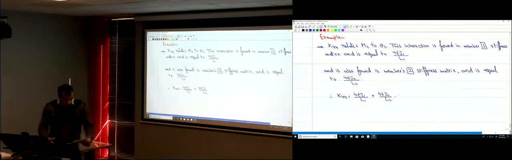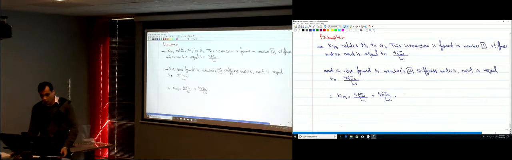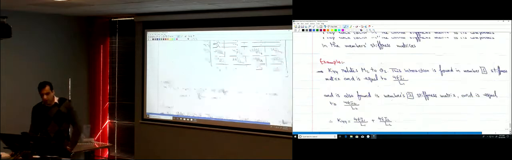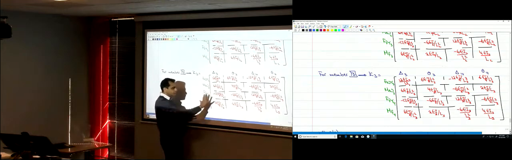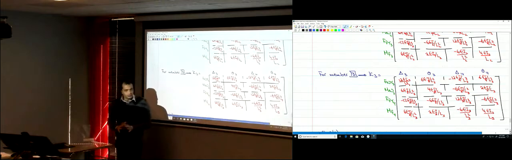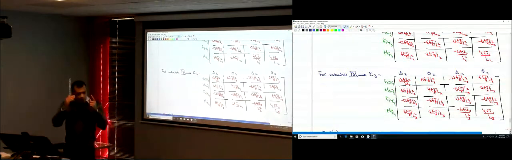You just have to add them together. Is there a contribution that comes from member 3? Is there M2 here? No. So there is no contribution that comes from member 3. The contribution only comes from member 1 and member 2.